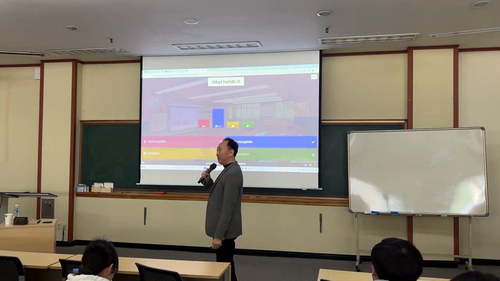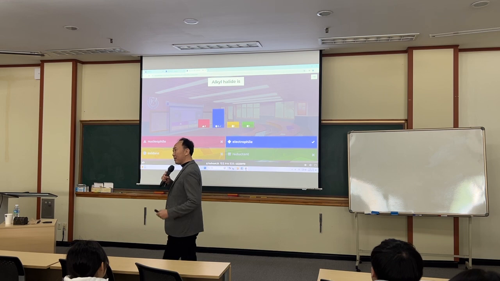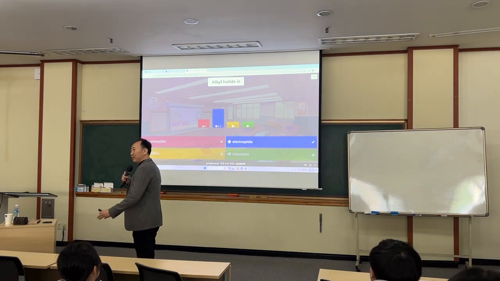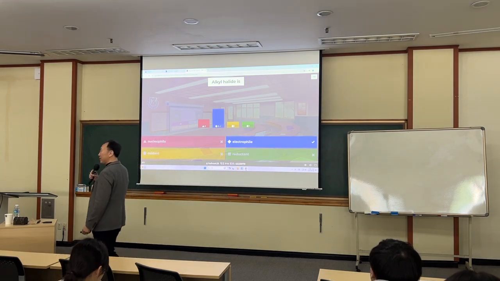Alkyl halide, delta plus on carbon, halide side is delta minus.